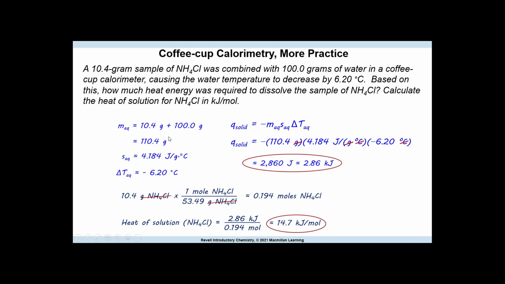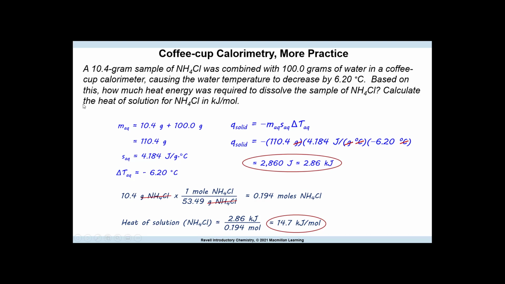So we write M aqueous as 110.4 grams. Because it is mostly water, the solution has a specific heat nearly identical to that of water. So what they're saying is because it's water, we're going to treat this as water. The change in temperature of this aqueous solution is minus 6.20 degrees Celsius.